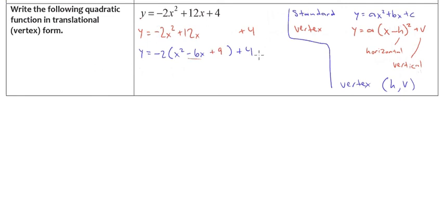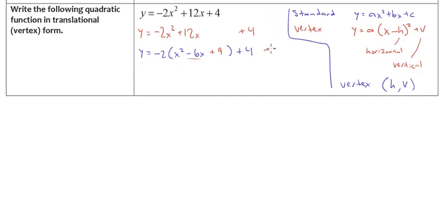Now, another common mistake would be to write plus 9 on this side, but since it's y, we really want to keep y all by itself, because that's what the equation is set equal to. And so really to counteract that plus 9, we would want to subtract something.